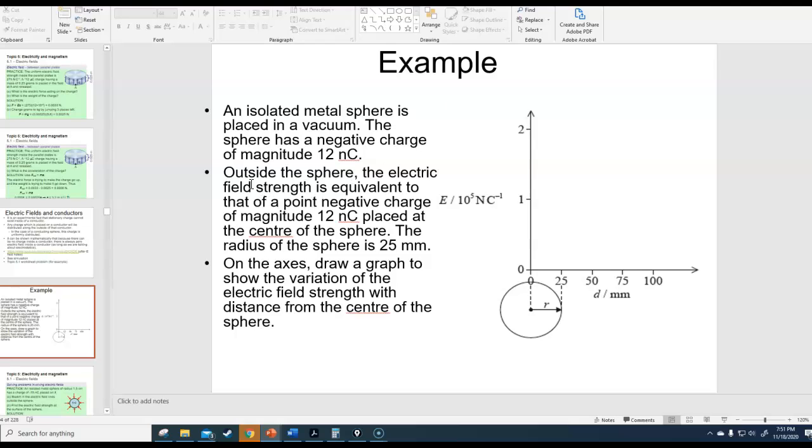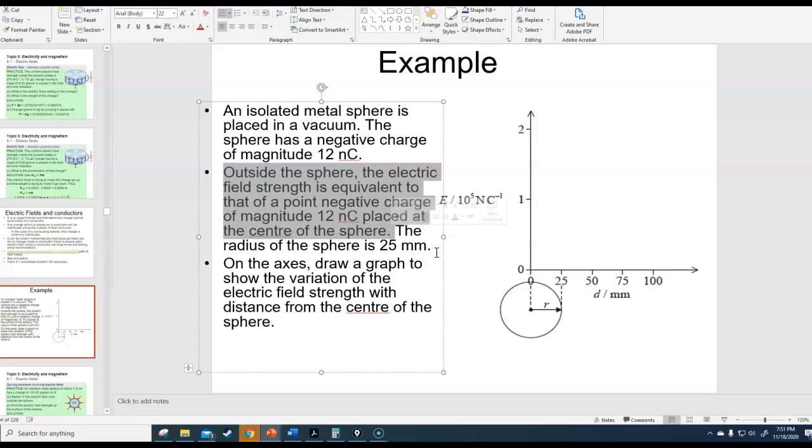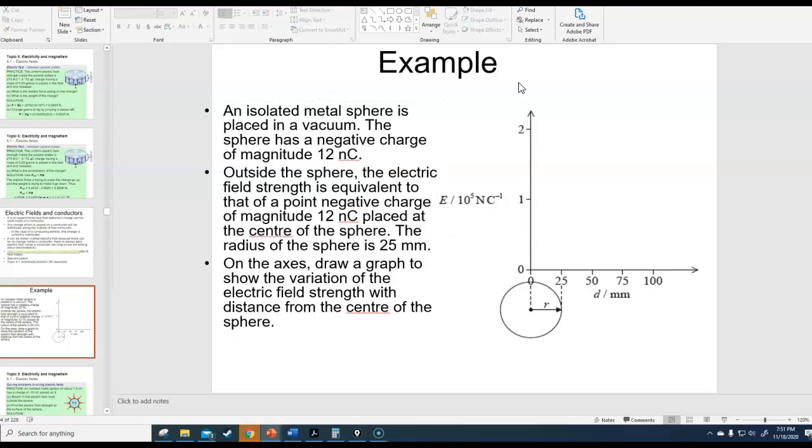Okay, this bit right here is also something important that you want to add to your notes, because it's another interesting property of electrostatics. If you have a conducting sphere, the electric field inside of the sphere is 0. There's no charge inside of the sphere. But because of the magic of mathematics and calculus, if you pretend like there's a point charge in the middle of the sphere, then the equation for a point charge, E equals kq over r squared, works outside of the sphere.